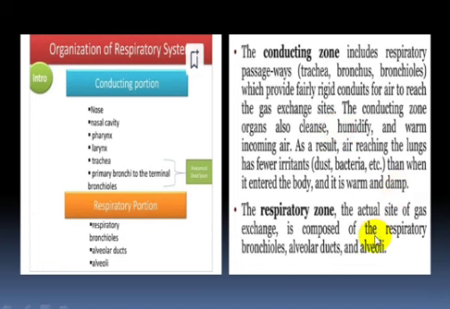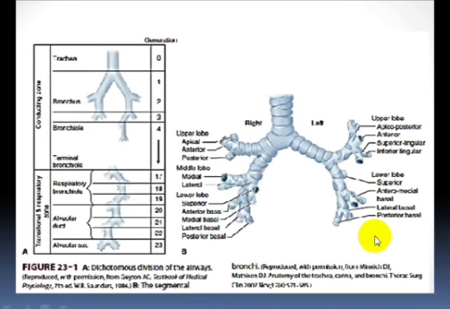On the slide, over here we have 0 to 23. And if you look over here, you see that this area, from the trachea down to the terminal bronchi, represents the conducting zone.